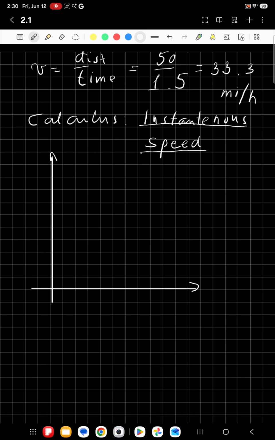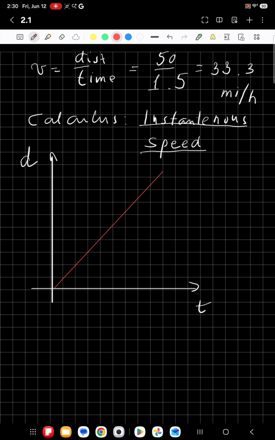On the x-axis we have time, on the y-axis we have distance, right? So distance. And when you look at your journey, your trip from Honolulu to Haleiwa, it would look something like this. It would just be a straight line.